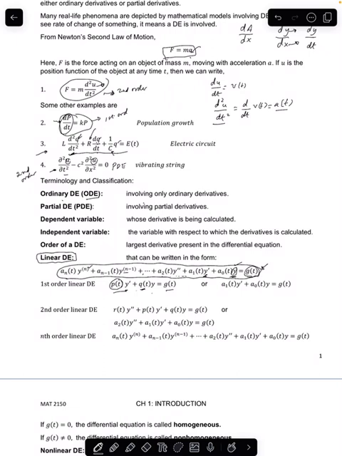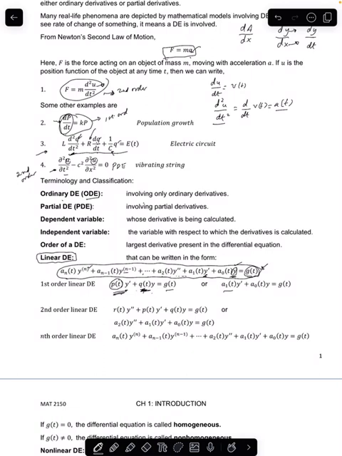Now these are called the coefficients of these terms, or of the function and its derivatives, and to be a linear ordinary differential equation, these coefficients must be functions of the independent variable only.